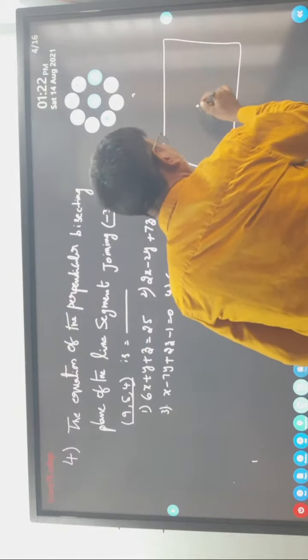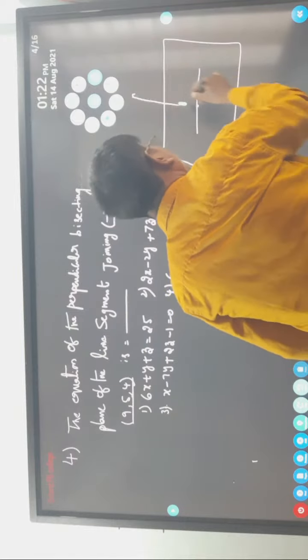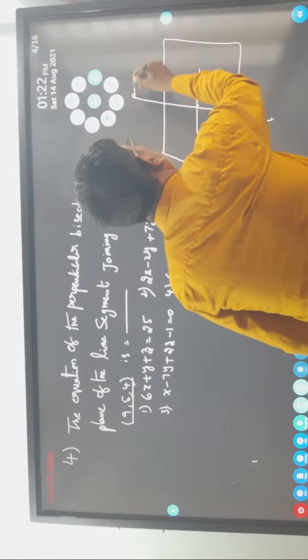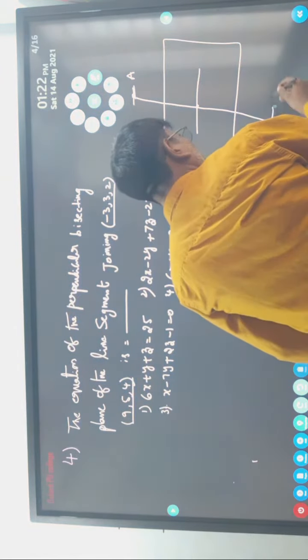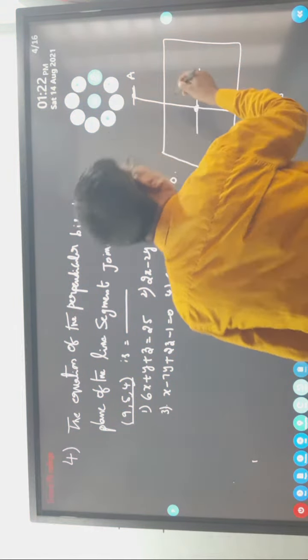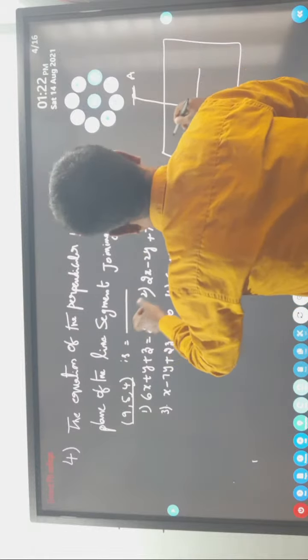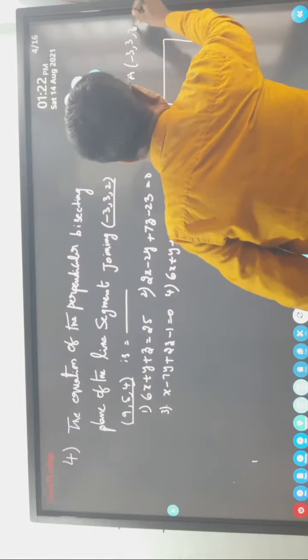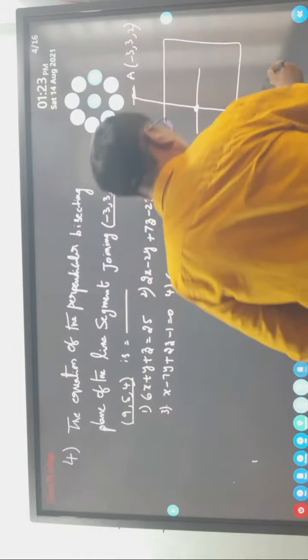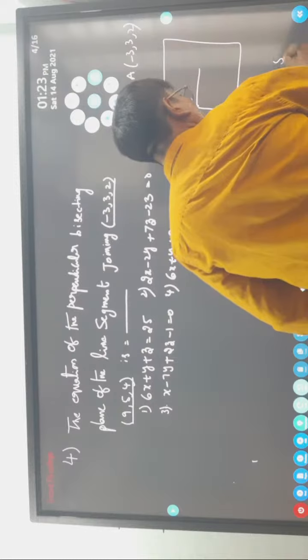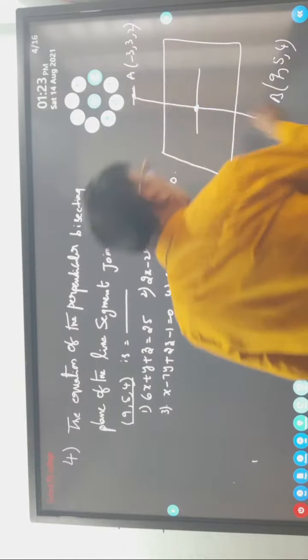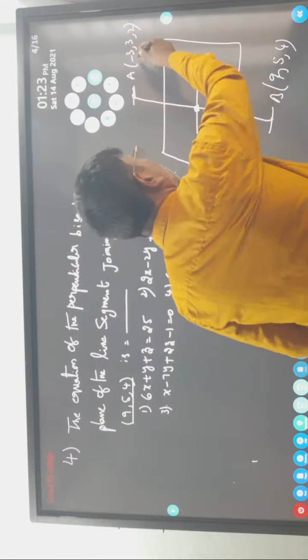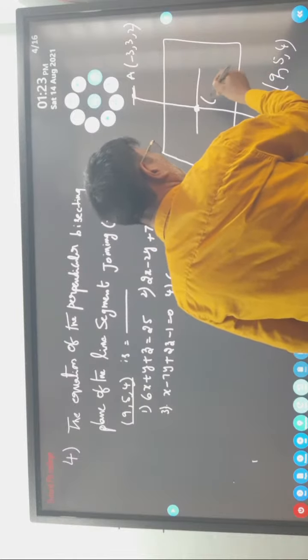The midpoint lies on this plane, and the plane is perpendicular to the line. So A is given as the first point, minus 3, 3, 2. B is given as 9, 5, 4. So the midpoint: minus 3 plus 9 is 6, by 2 gives 3.